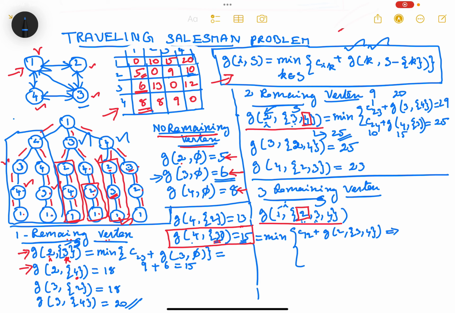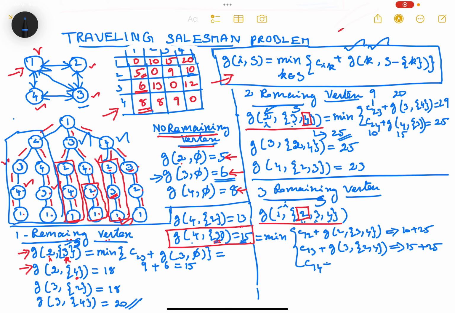Okay. So, which is equal to 10 plus 25. And the next one is C13 plus, we are taking third vertex as the k value here. So G of 3 comma 2 comma 4. Okay, so which will be equal to 15 plus 25. Then the next one is next k value. Next k value is what? It is 4.